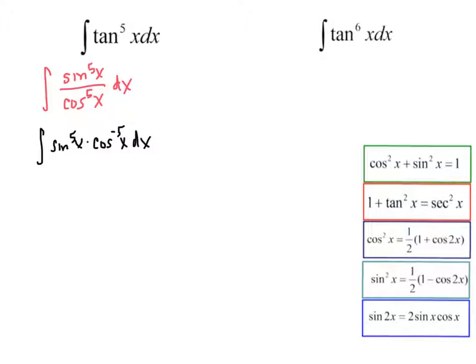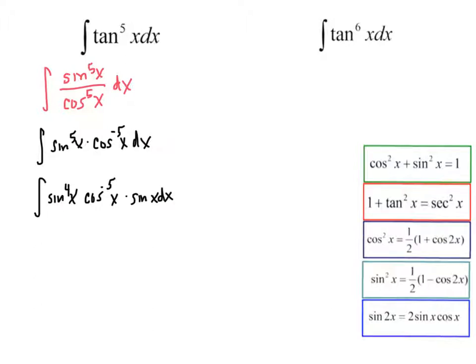And now use your Peel method to do this. Use the Peel method we did with sine. So rewrite it and peel off a sine or cosine. So if we peeled off a sine, we'd have sine to the fourth times cosine to the negative fifth times a sine x dx.